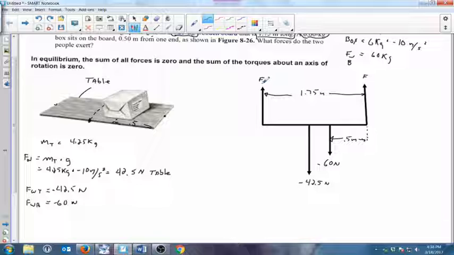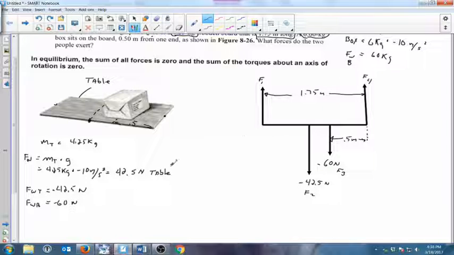We'll call this force 1. We'll call this force 2. We'll call this force 3. And we'll call this one over here force 4. So now we have numbers, we know what they are.